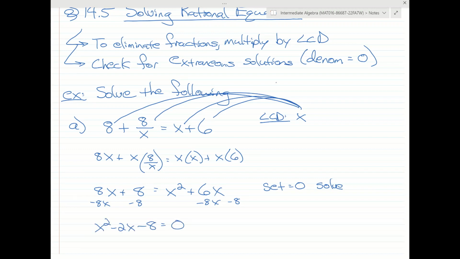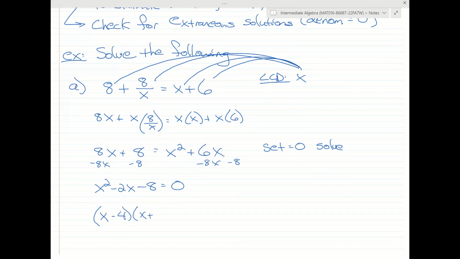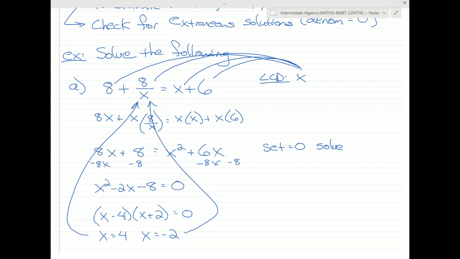And then from here, we could either use factoring or quadratic formula. So factor to just be x minus 4 times x plus 2. And we get x is 4 and x is negative 2. We just want to check to make sure that those don't make any denominator 0, and they don't. So these would be our answers.